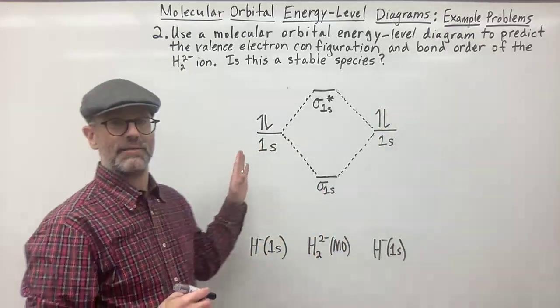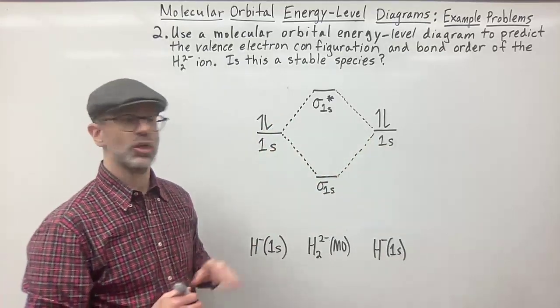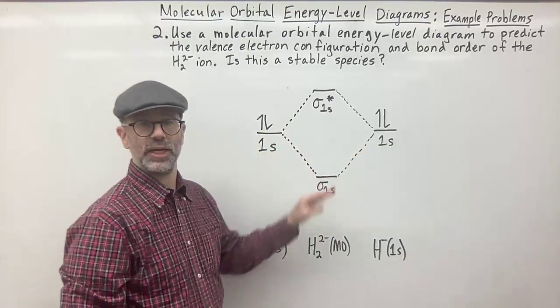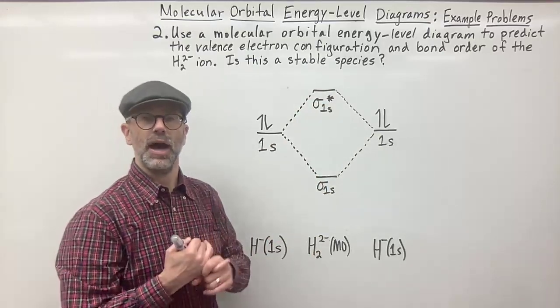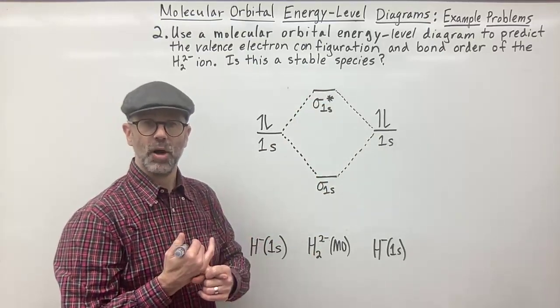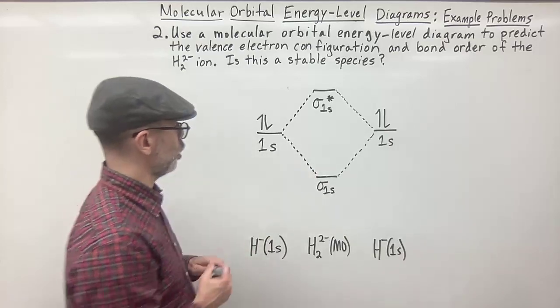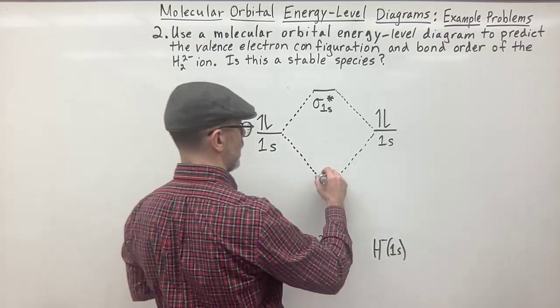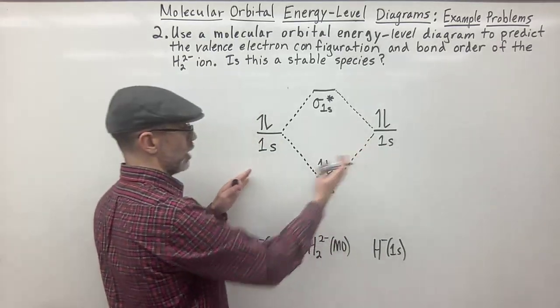So now that we have the valence electrons filled in for the atomic orbitals, we can take them and fill in the molecular orbitals according to the same rules, right? Aufbau principle, Pauli exclusion principle, Hund's rule. So we're going to start with the lowest energy possible. We're going to fill that in with 2 electrons. We got 4 electrons total.